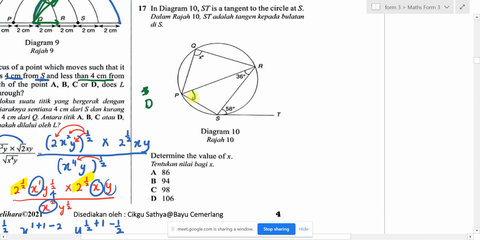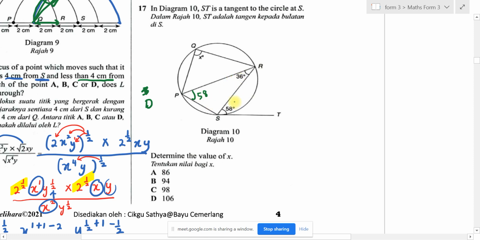If that's the case, this is a cyclic quadrilateral. Let me see. 36, 58, we got 94 here.